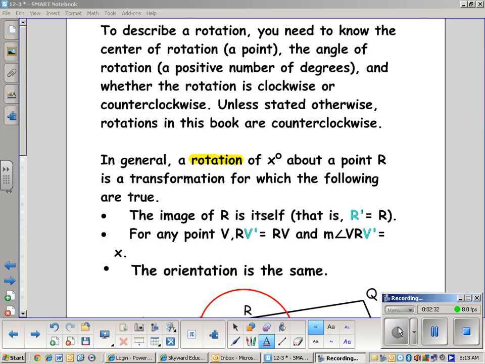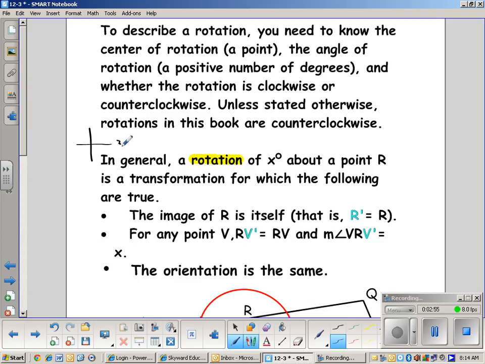The reality is, in math, a clockwise rotation is negative, and a counterclockwise rotation is positive. Okay? That's the way it works in math. Remember, if we're going the way the hands of a clock go, this is 3 o'clock, 6 o'clock, 9 o'clock, 12 o'clock. The hands move this way, so that's clockwise.